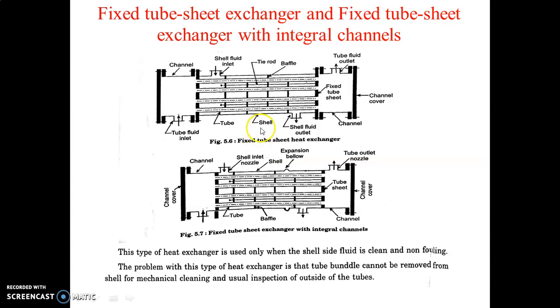And this is the 1-1 shell and tube heat exchanger. What do we mean by 1-1? The fluid passes only one time through the shell and one time on the tube side. So here it is passing one time, and here also it is passing one time. So this type of heat exchanger is called a 1-1 shell and tube heat exchanger.